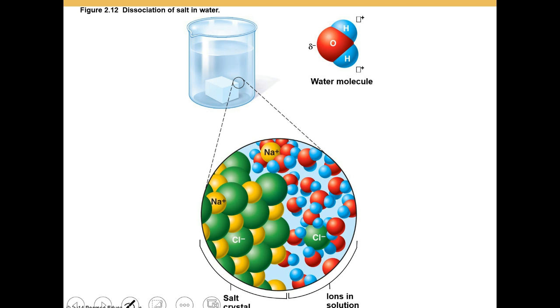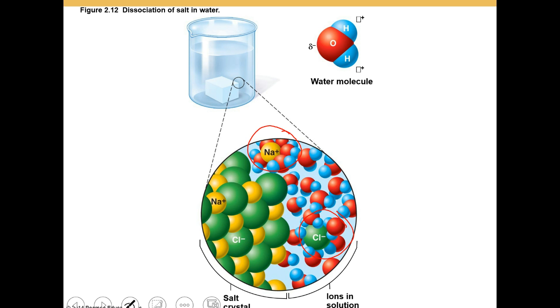So if you put a crystal of salt in some water, the water is very quickly going to begin to interact with the sodium and the chloride. You'll notice that it forms a little circle around the sodium, separating it out, and then a little circle around the chloride. So around the positively charged sodium, you see that the partially negative oxygens are attracted to that.